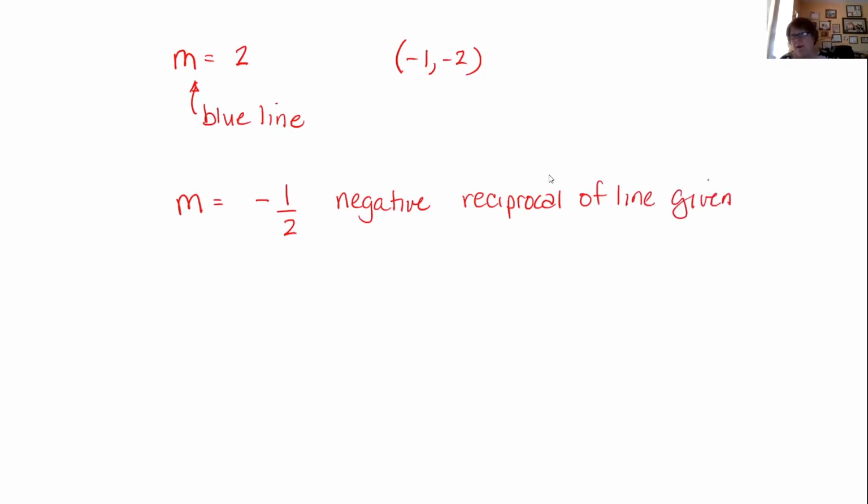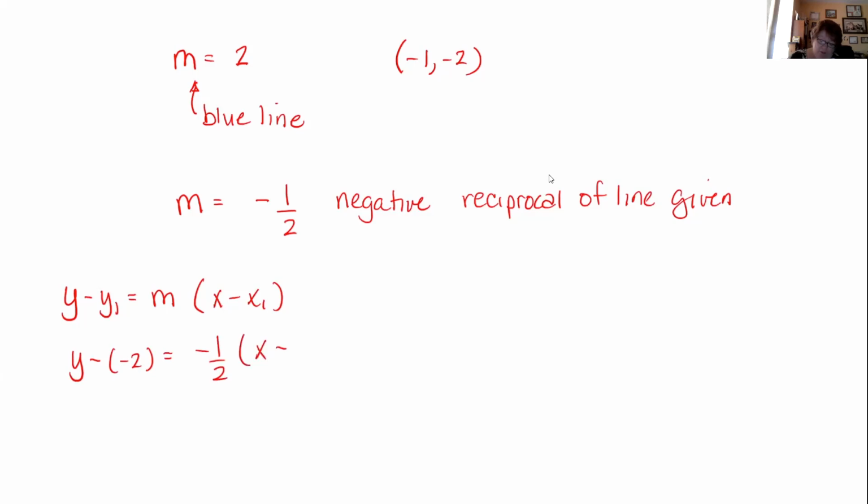So now we're going to find the equation of the line in point slope form and slope intercept form. So we have y minus y1 equals m times x minus x1. So we're going to plug in -2 for y1, -1/2 for m, and -1 for x1.